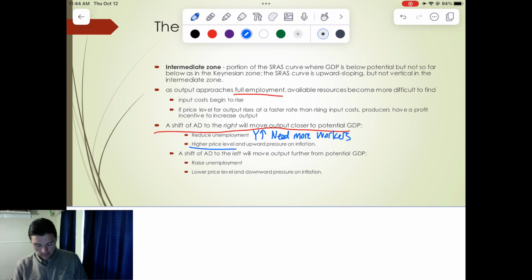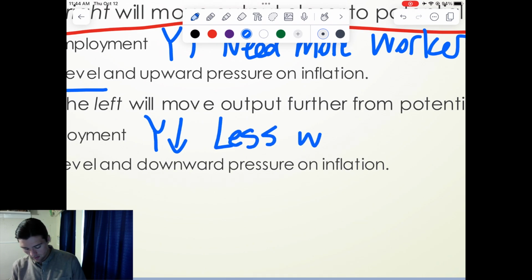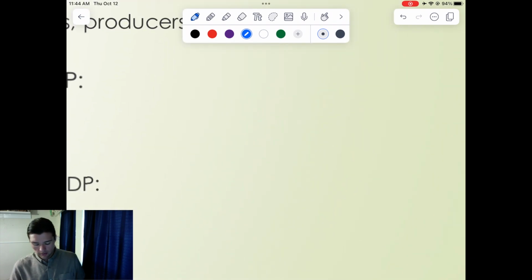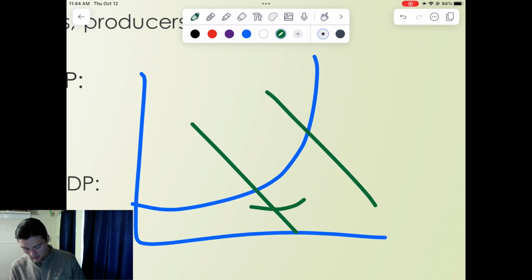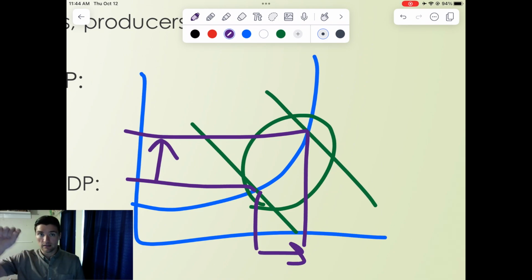If we have a shift to the left, then output's going to go down, and you need fewer people working, fewer workers, and because of that, unemployment's going to go up. But this will decrease the level of prices. So on the intermediate zone here, which is this region here, if you were to increase the aggregate demand in this region, you would see higher prices and higher output in this intermediate zone.